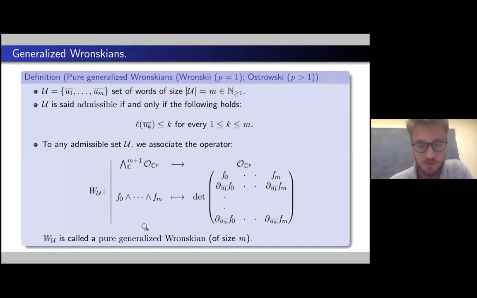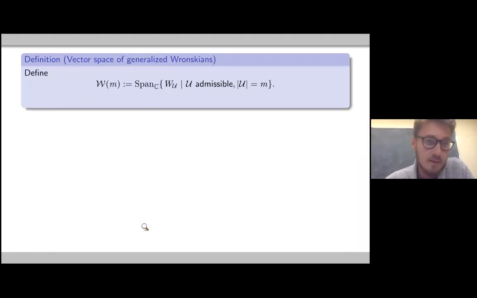Once this is defined, we can consider the vector space spanned by all these pure generalized Wronskians, which we will denote in the following fashion. We consider every possible linear combination of pure generalized Wronskians associated to an admissible set.